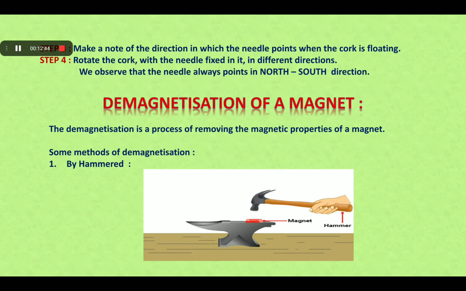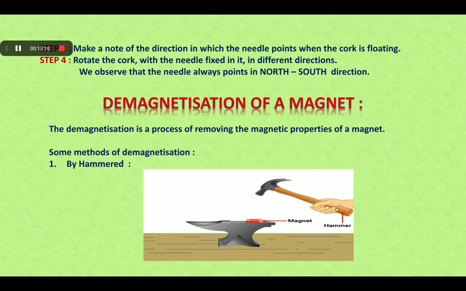Magnetization is simply the process by which a magnetic substance attains magnetic properties. It can attain it permanently or temporarily. Now, the demagnetization. Demagnetization is the process of removing the magnetic properties of a magnet.